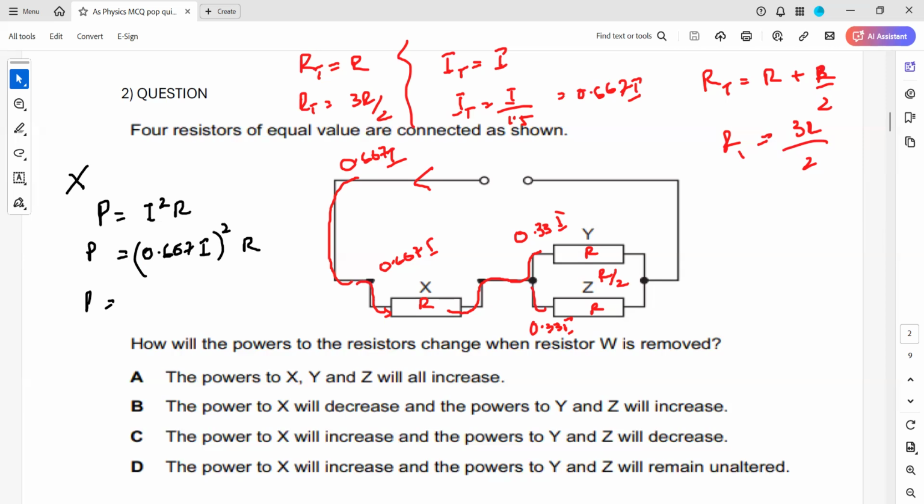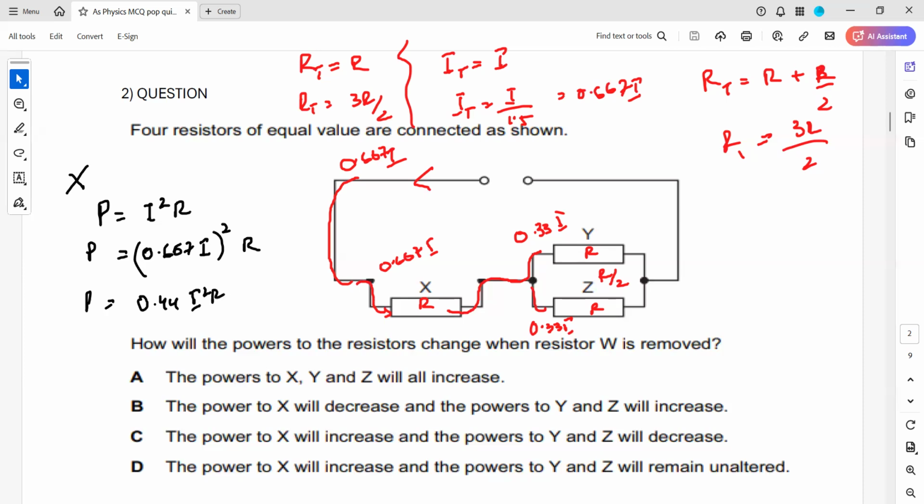Use a calculator: 0.667 squared. So 0.44. So 0.44 I square R.